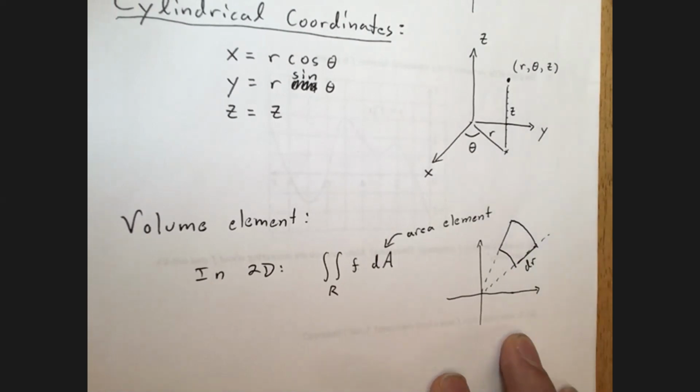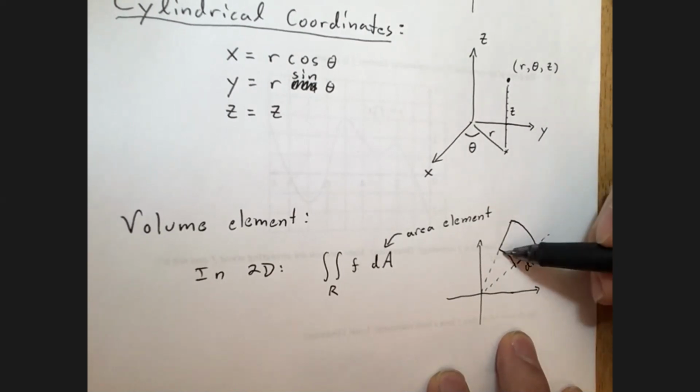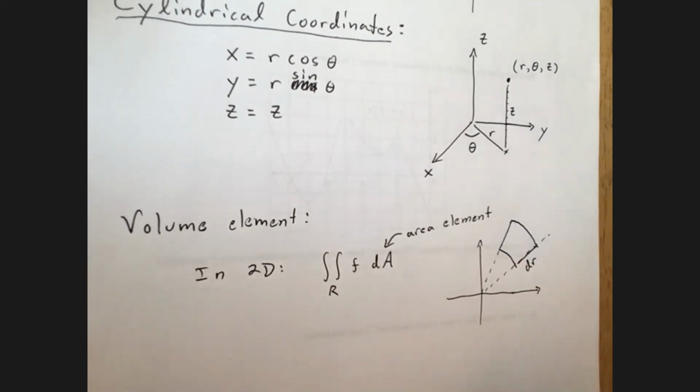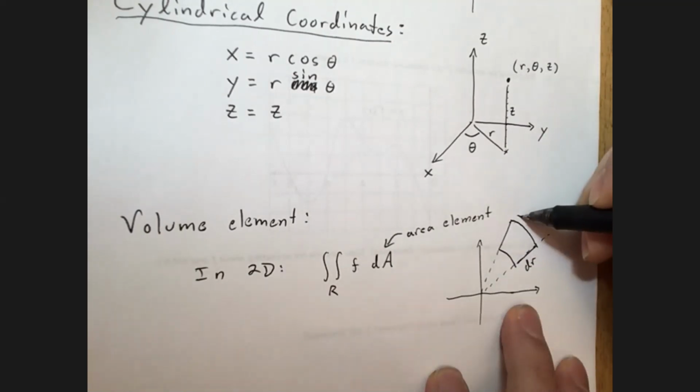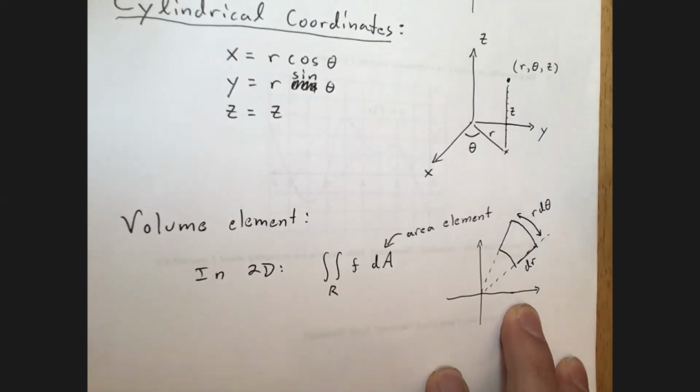The formula for arc length is very simple. The length of an arc on a circle is just r times theta, if theta is measured in radians. Since the amount of change in theta is d theta, I'm going to multiply r times d theta. And that's how I get this distance. That's r d theta.